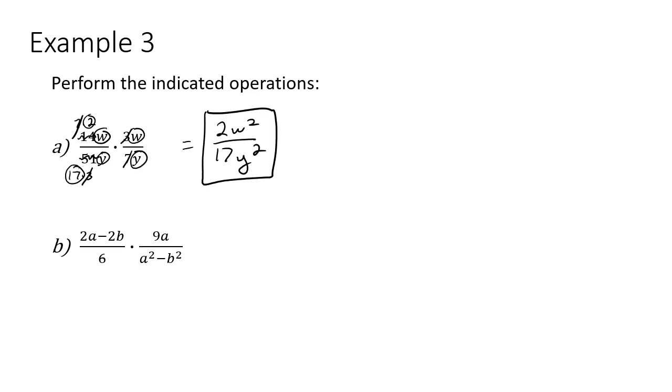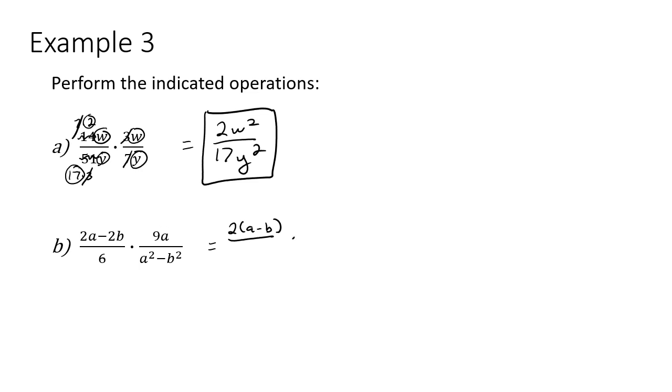Similar for part B, although we've got factoring with variables involved this time around. So I'm not going to multiply yet, I'm just going to factor everything. So in the term in the top left, 2a minus 2b, we've got a common factor of 2 that we can pull out. I'm going to hold off on the denominator for now because I think that 6 is going to end up reducing with some of the stuff over here.